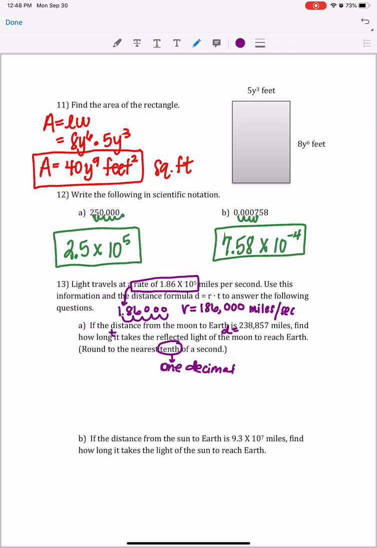Okay, so I've got D equals R times T. My D is this number here. So 238,857 equals my rate, which is this, 186,000 times my time, which is what I'm trying to find.